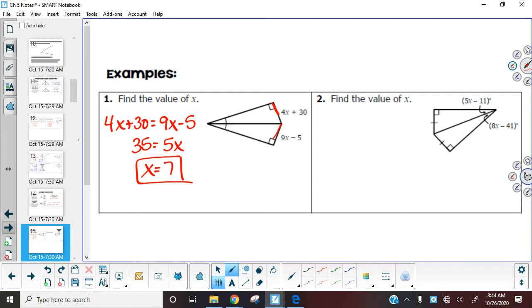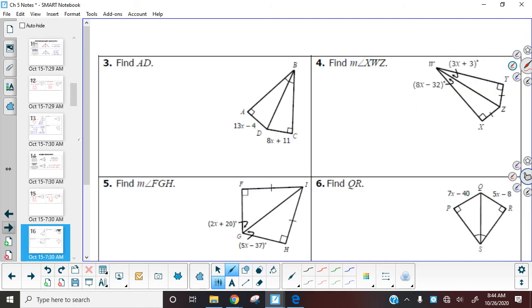Number 2, we have those triangles. Again, they're congruent by HL, and so therefore those two angles are also going to be the same. So when we set those two equal, we get 3x here, we get 30 on the left, so x equals 10.